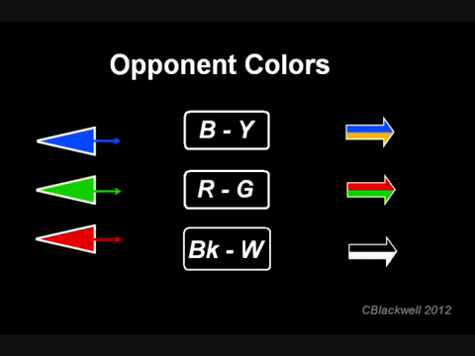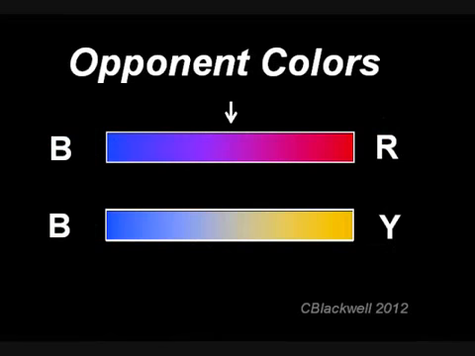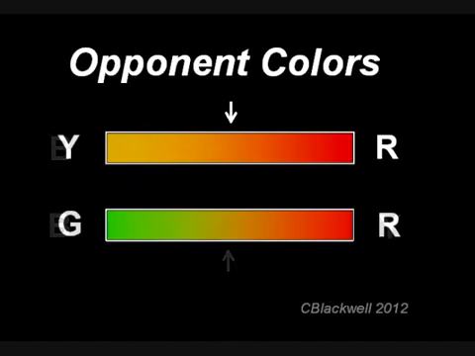He based his opponent concept on two main findings. First, this is something you may not have noticed, but there are certain combinations of colors that don't exist in ordinary perception. For example, we can perceive purple as a combination of blue and red, but we cannot perceive a color that is a combination of blue and yellow. There is no bluish yellow.